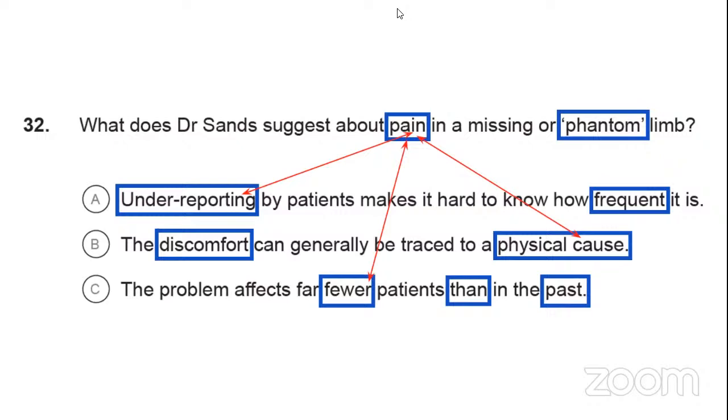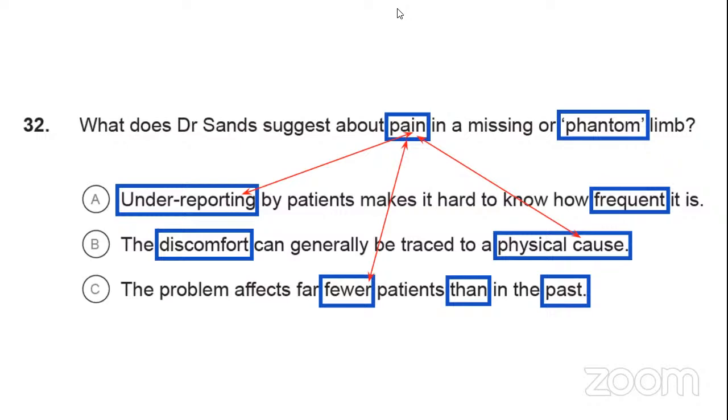So, logical reasoning approach. So yes, that's it.